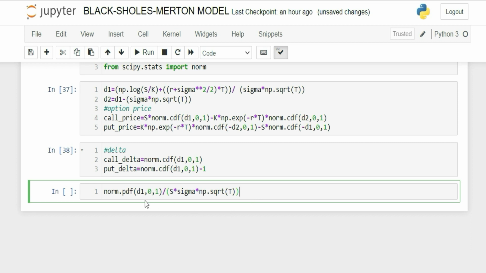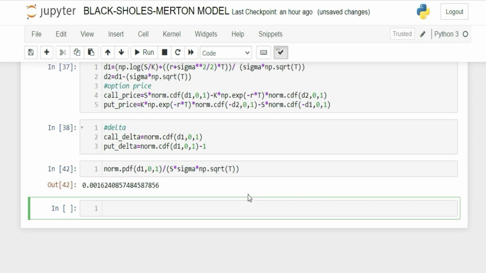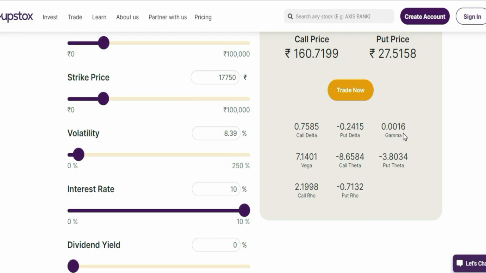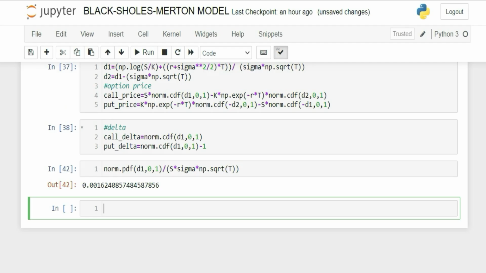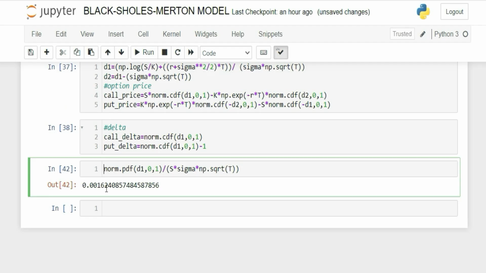So I got norm.pdf d1 divided by S sigma square root of t. This is your gamma, 0.0016. Go back and check, 0.0016. Now it's matching. So gamma is the same for both call and put.